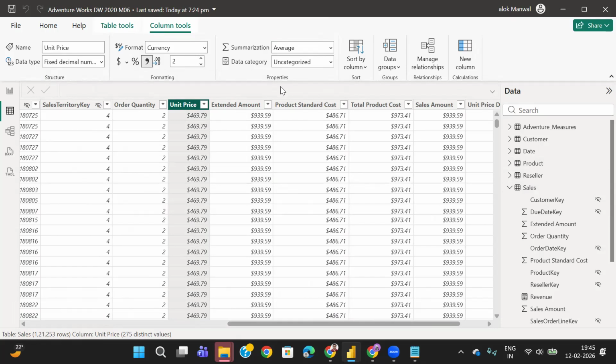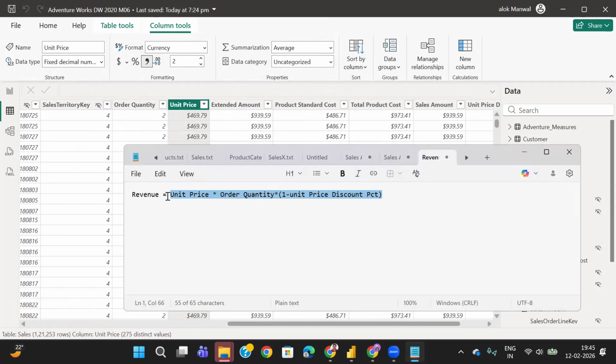Discount would be list price minus unit price. List price is basically the markup price, the maximum price you say.